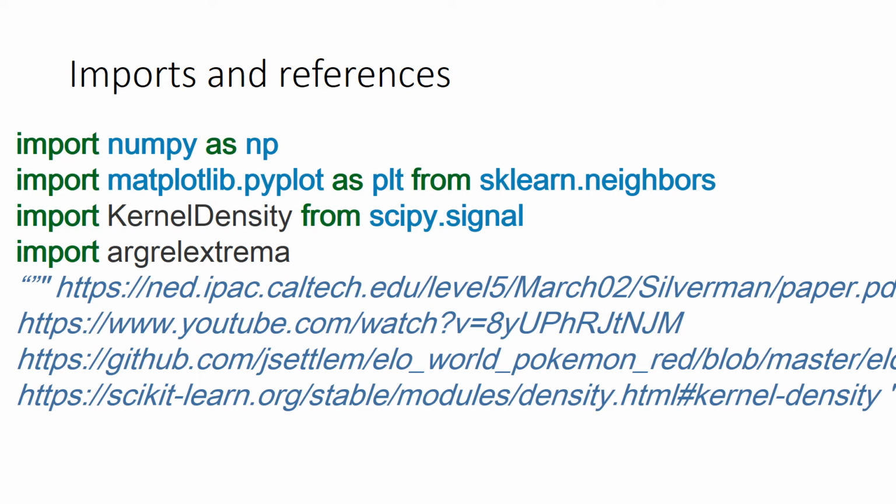So my version is a bit different. First the imports. So I import numpy, I import matplotlib, and oops, in the second line I forgot a line break. So import numpy as np, import matplotlib as plt, and from sklearn.neighbors import KernelDensity.